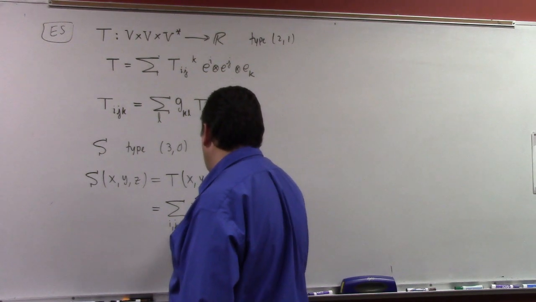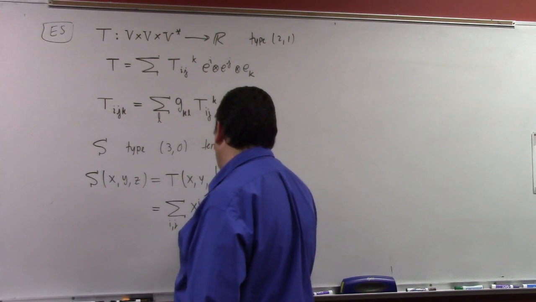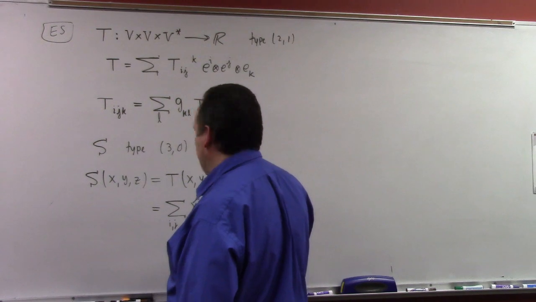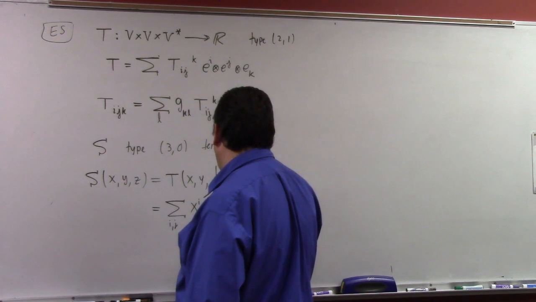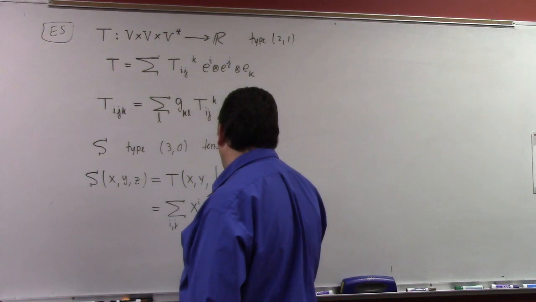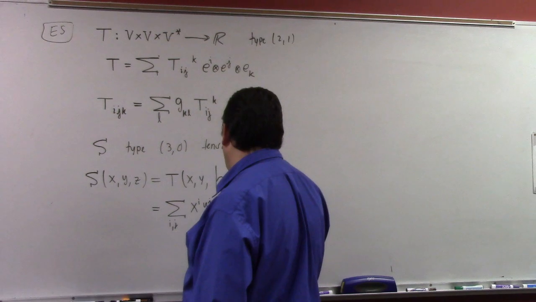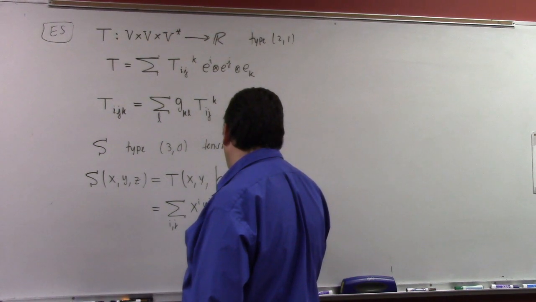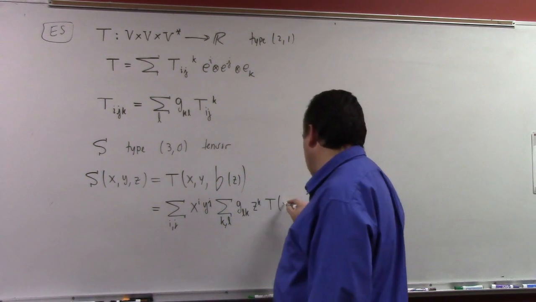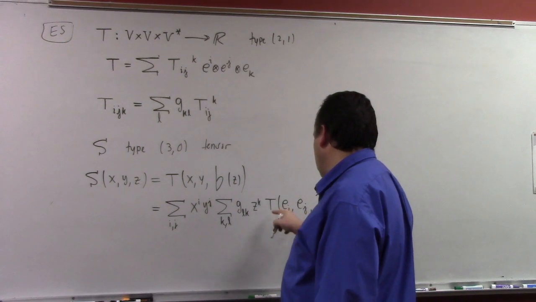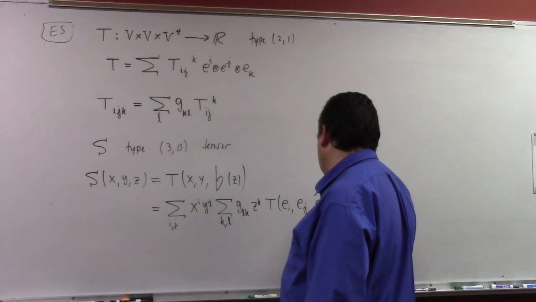Let me just do sum over i and j, and then the sum over k and l of g_{lk} z^k, and then I've got my T of e_i, e_j, and e^l in my current notation.